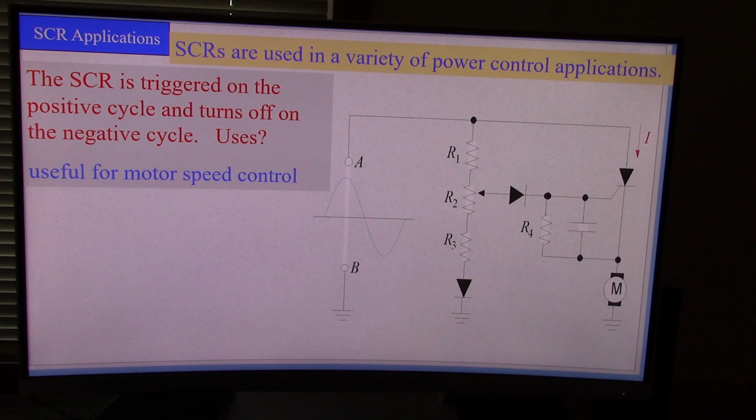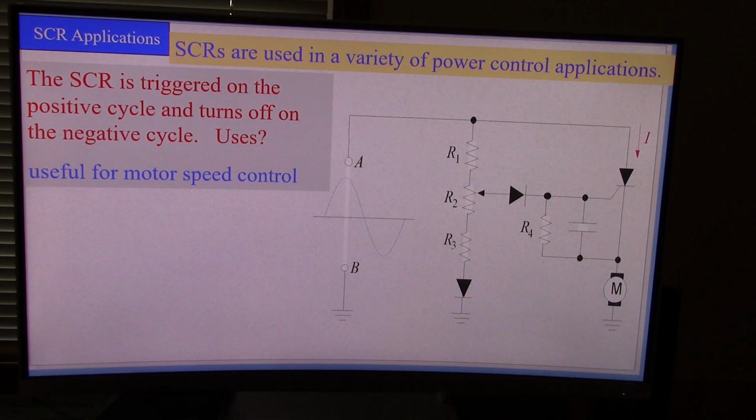A lot of people think that light dimmers or motor speed controls just use a variable resistor. It's not true. You can't just use a variable resistor, because if you do that, the voltage that's not dropped across the motor will be dropped across that variable resistor, and therefore the I squared R power dropped across that rheostat will be so large that you'd need a huge rheostat.